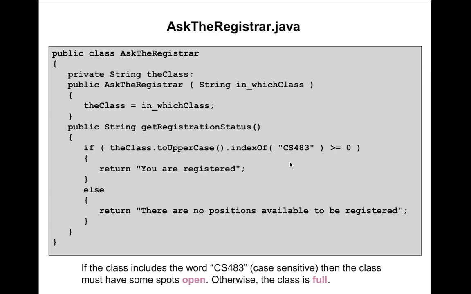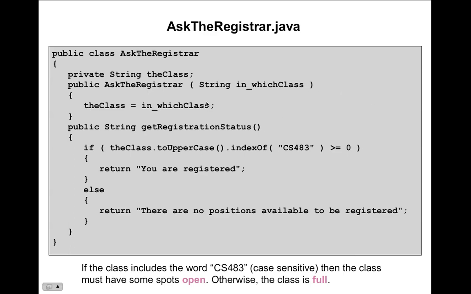This is not an RMI program. This is a non-RMI program. This is just a regular old program. So ask the register takes a string, the class that they're interested in checking out, and then we have the object implementation here.